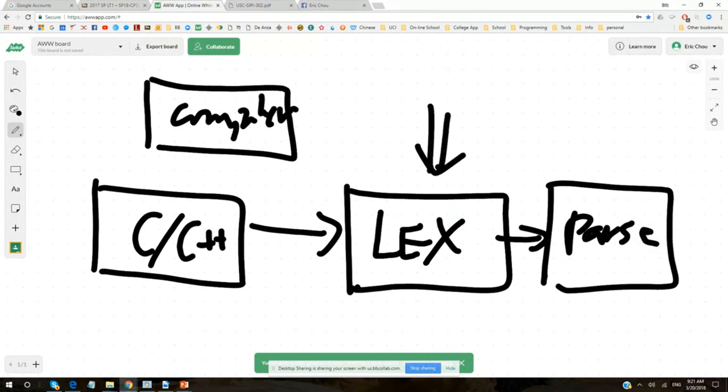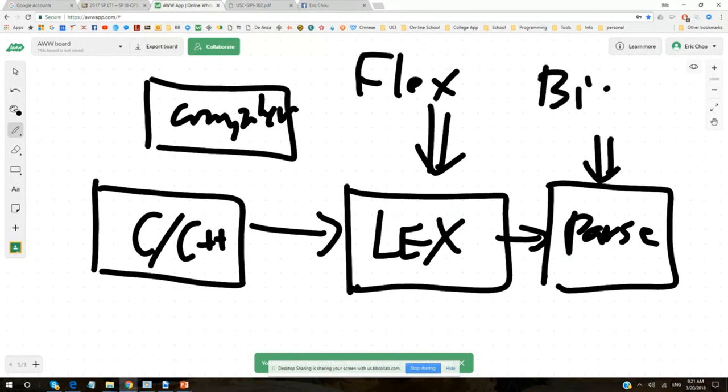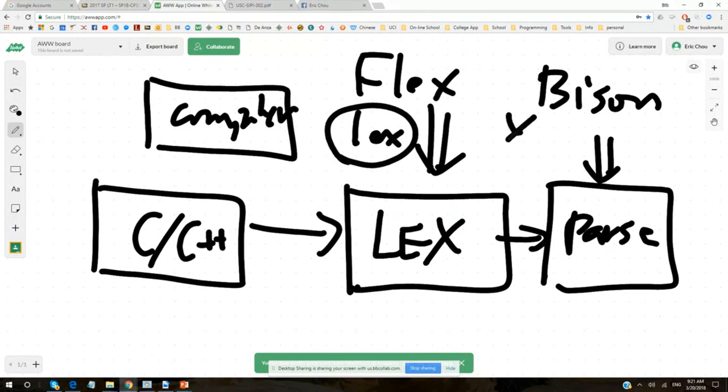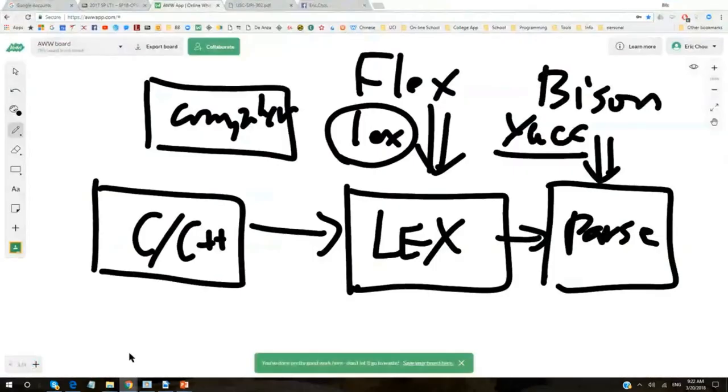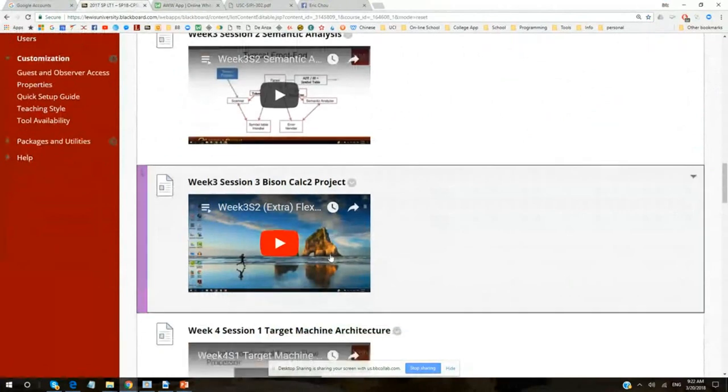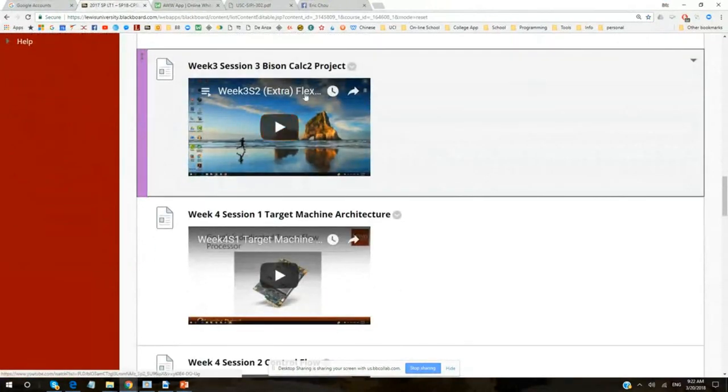For lexical analysis, we introduce the tool called Flex, and for parsing, we introduce the tool called Yacc, also called Yet Another Compiler Compiler. This year I will not repeat this tool. So what you should do is come here and work on the different project that I talked about last year.